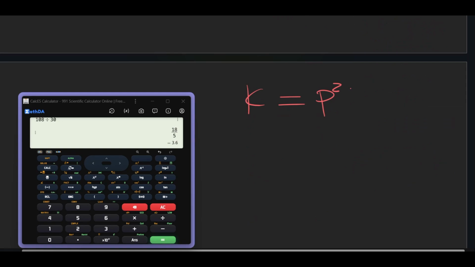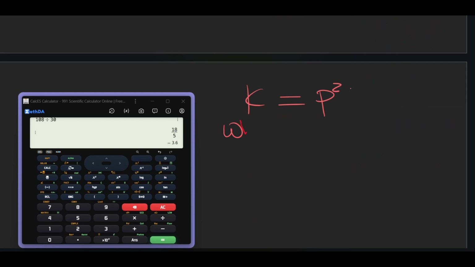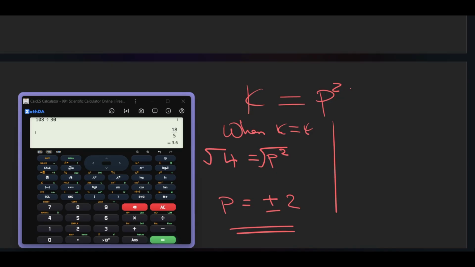When k is equal to 4, what will happen? So 4 is equal to p squared, and you can see here, if we square root both sides, we can have p is either plus or minus 2.